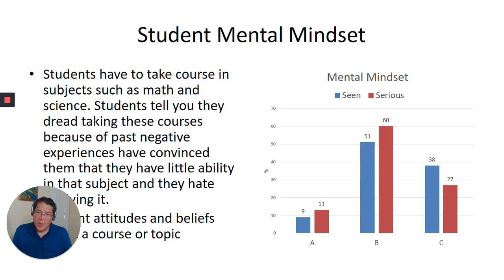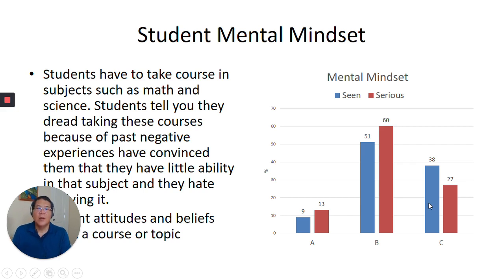So this is one in the survey that we did. You find that a lot of teachers have seen this, and a lot of teachers think it is very serious. The way to interpret this graph: the blue bars are whether faculty have seen them before, B is seen it on occasion, and C is seen it frequently.